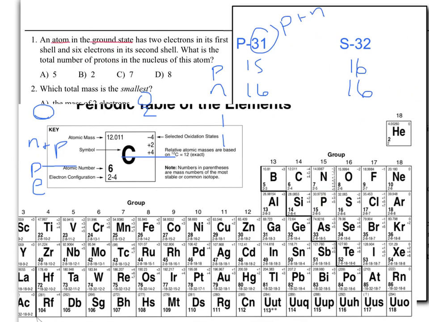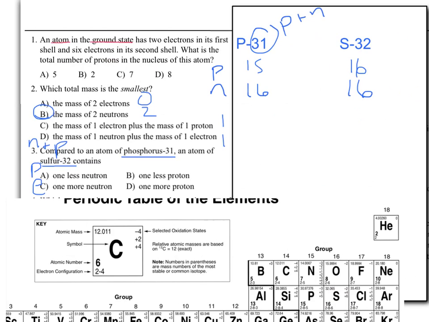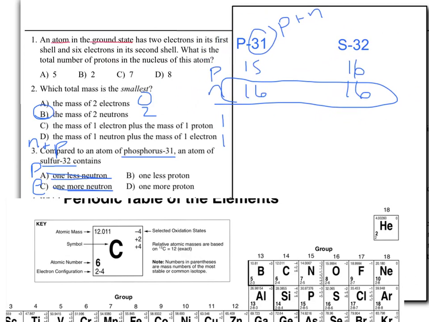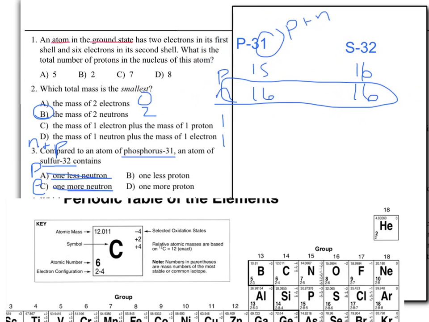So let's go back to the question. Since we can see that both atoms have the same neutron number, we can eliminate the choices that refer to neutrons. And now we can see that compared to phosphorus, the sulfur has one more proton.